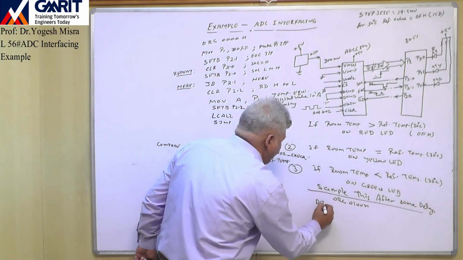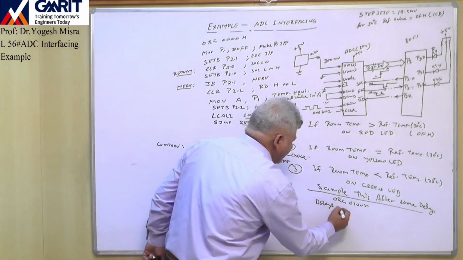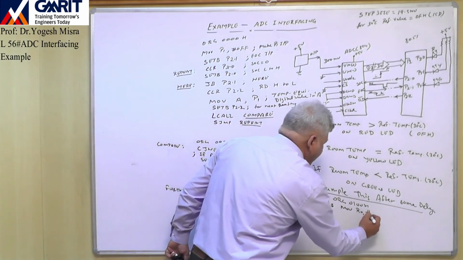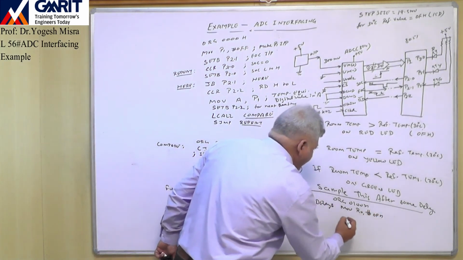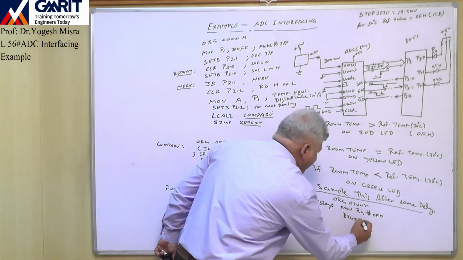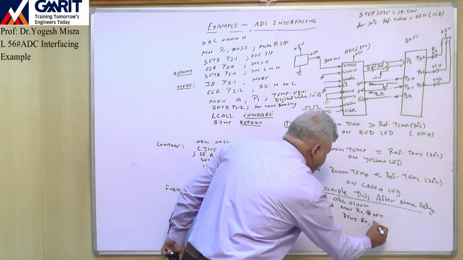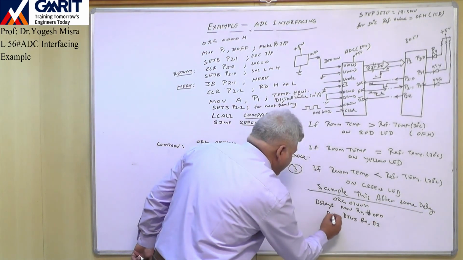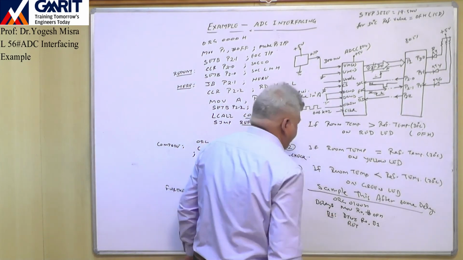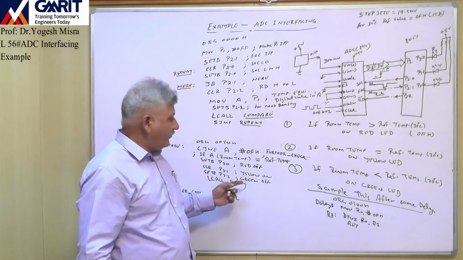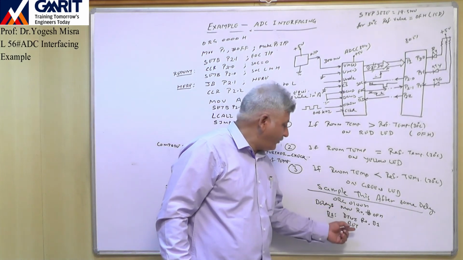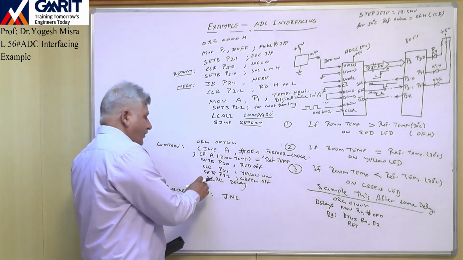For simple instructions I write MOV R0, #0Fh and DJNZ R0, B1. So the controller will execute this set of instructions, some delay will be generated, then with the return it will come back to the main program.